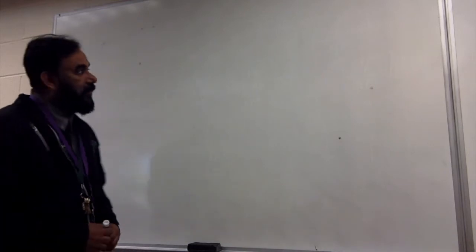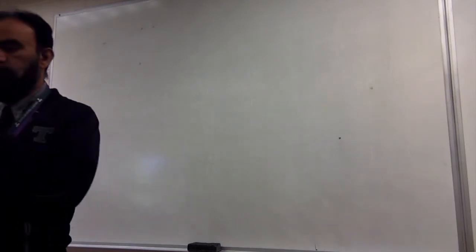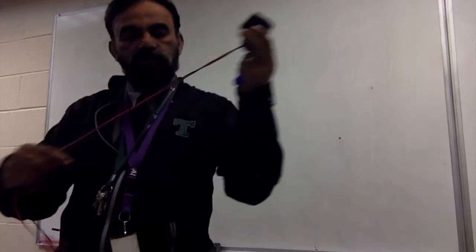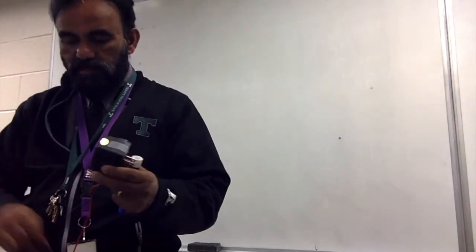Okay? Now, you've seen a voltage adapter, the things that you plug into the wall? This one? What is this basically doing? This is getting plugged into where? Into the wall. What is coming through the wall?